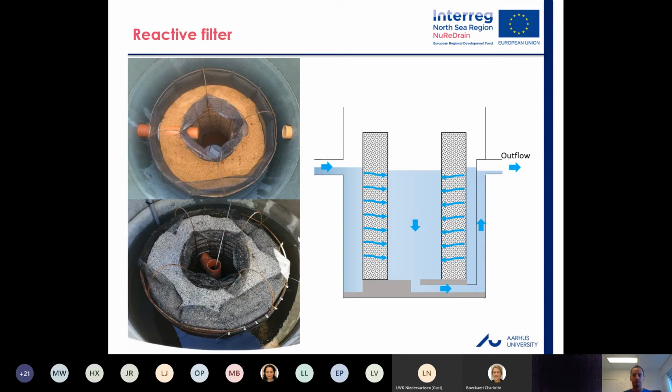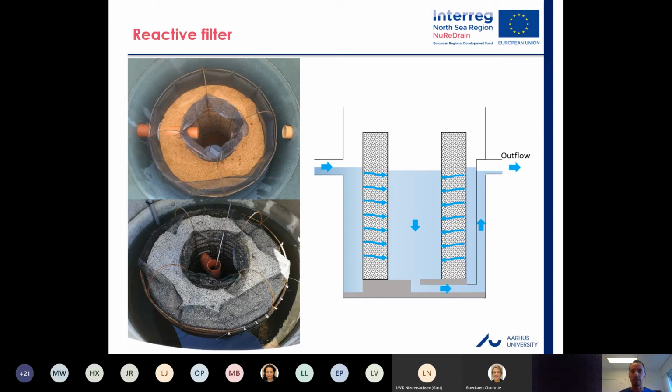So the reactive filter is basically a cage constituted of two cylinders, and this cage has a height of 2 meters, and the cylinders have a diameter of 0.8 and 1.5 meters.